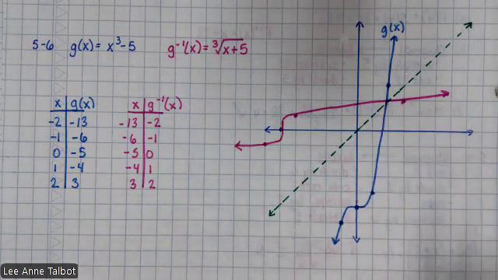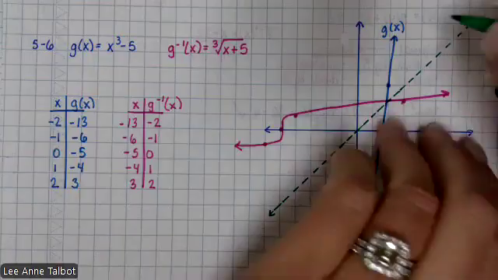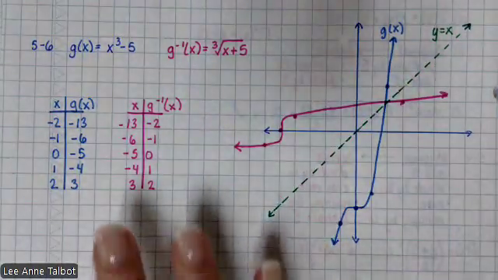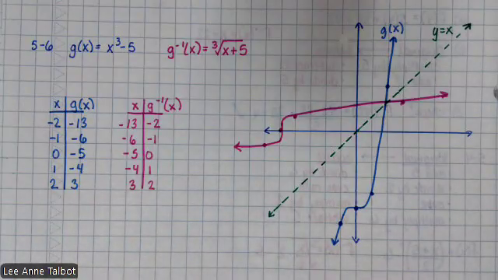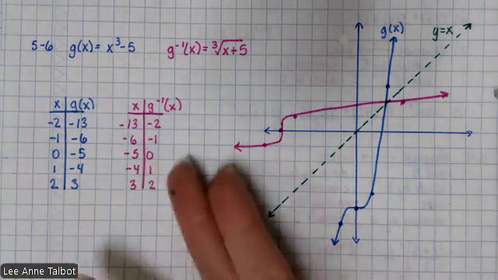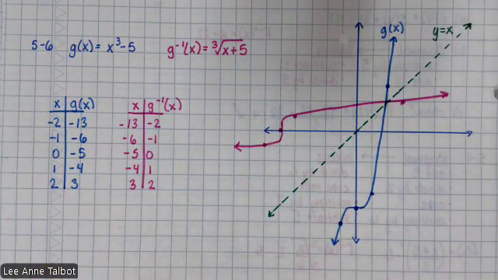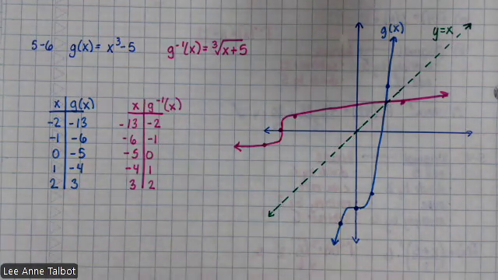What is the equation of that line of reflection? Y equals X. And why does it make sense from the tables that they would be a flip along Y equals X? Because we flipped the X and Y in the tables. Since we flipped the X and Y in the tables, they are a flip on the line Y equals X. And you can always check your graphs that way by making sure that they're symmetric on that line.